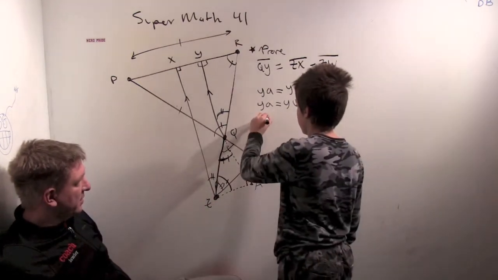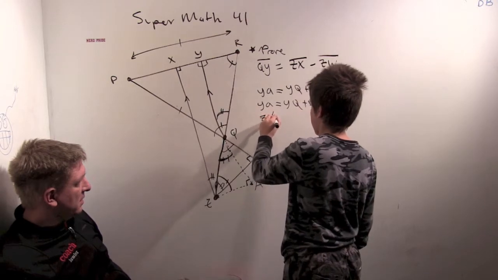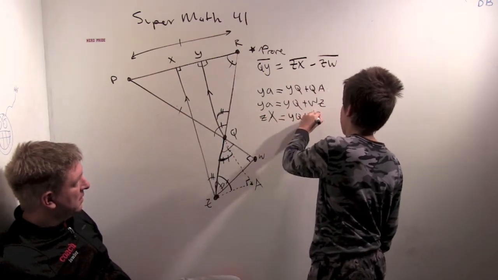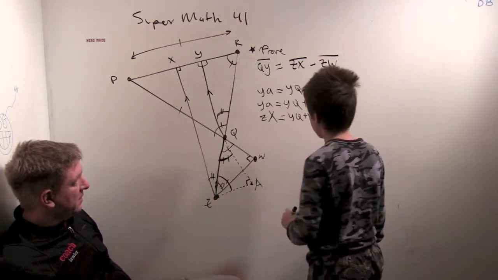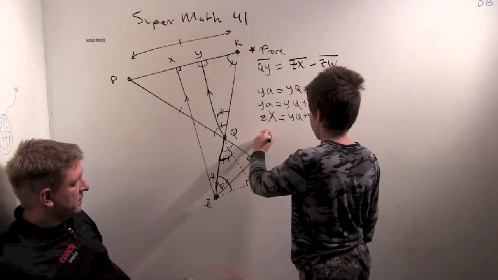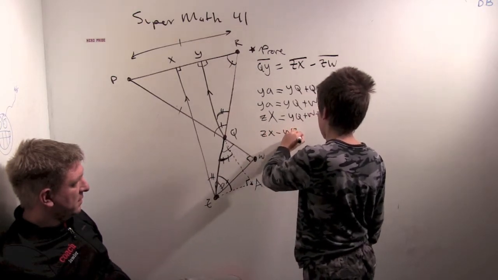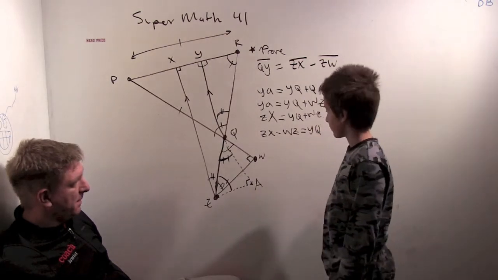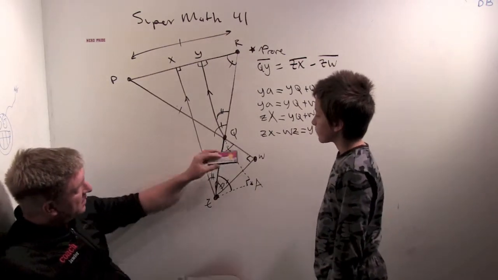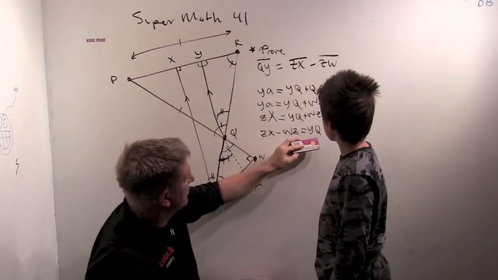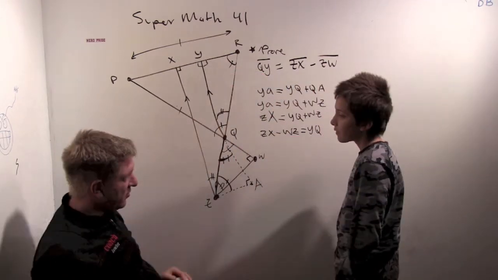ZX is YQ plus WZ. So now we just have to flip this, so we have ZX minus WZ is YQ. Very good. ZX minus WZ, which is the same length as ZW, equals YQ, which is the same length as QY.